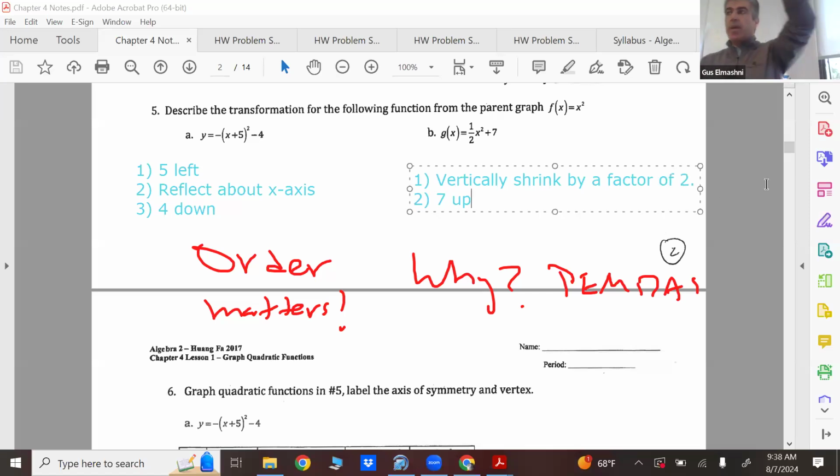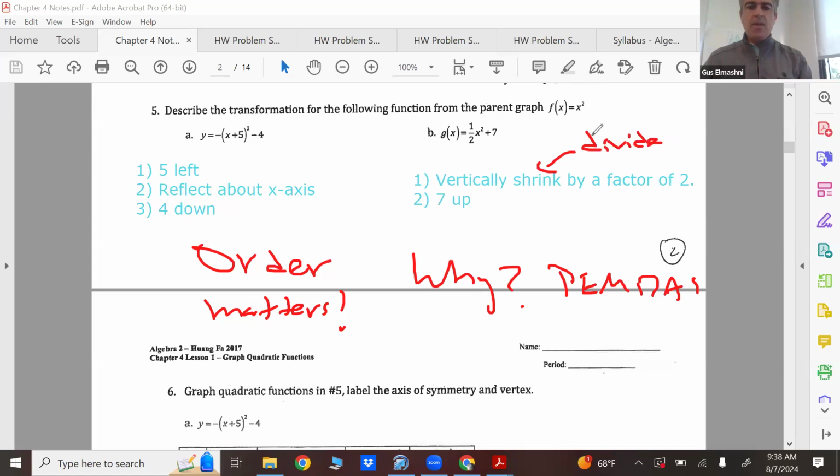Because it does shrink to, well, let me think about it. It gets to half its height, but you're basically taking the y values and dividing by 2. That's really what you're doing. So that's why I say by a factor of 2, because shrinking means dividing, whereas stretch means multiply.